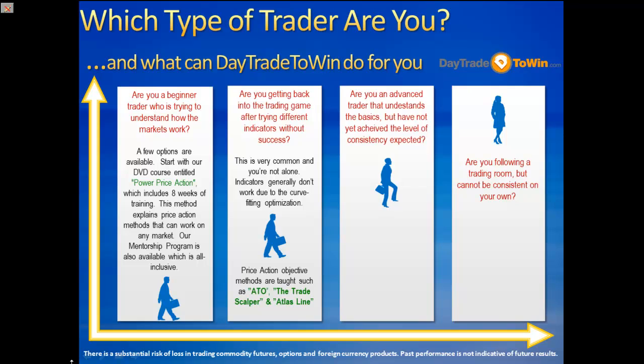So if you're used to looking at all indicators on your chart, trying to make it all work based on history, when you go further into the future it will not work. Okay?